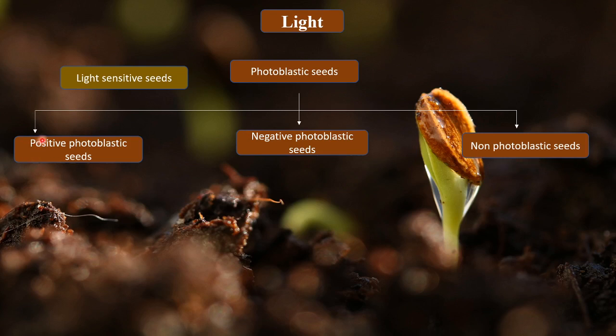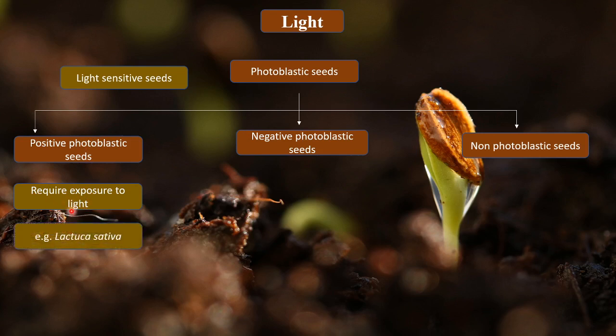As the name suggests, positively photoblastic seeds require an exposure of light for the seeds to germinate. Such seeds require light compulsorily to germinate. So light is important for these kinds of seeds. An example of such plant seeds is Lactuca sativa, which is lettuce, right?